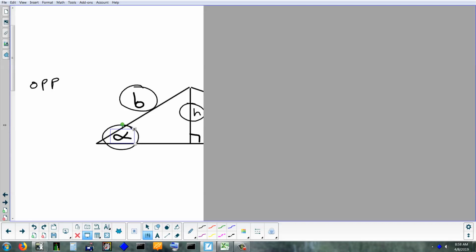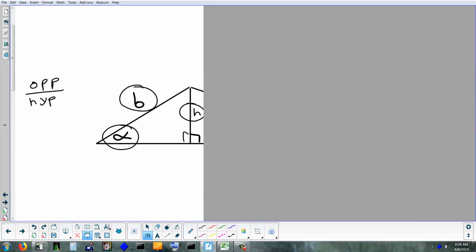And what about B? That's across from a 90. So what do you always call the side that's across from 90? Hypotenuse. Yep. So in that diagram, the two positions of the sides you're looking at are the opposite side, which is named H, and the hypotenuse, which is named B. Now, what trig function involves these two sides? It's either sine, cosine, or tangent.